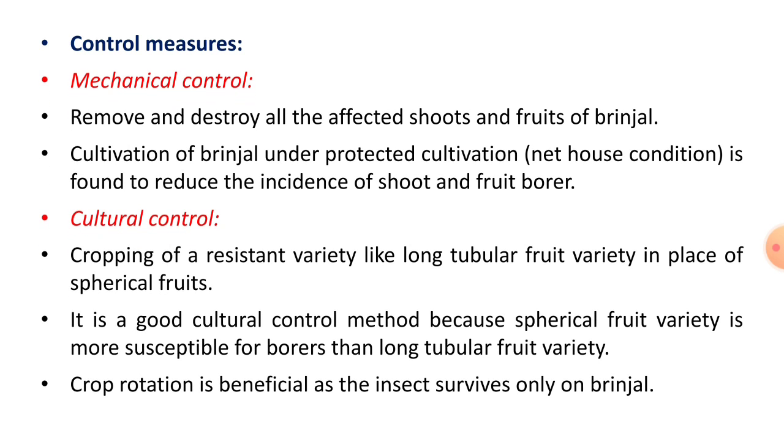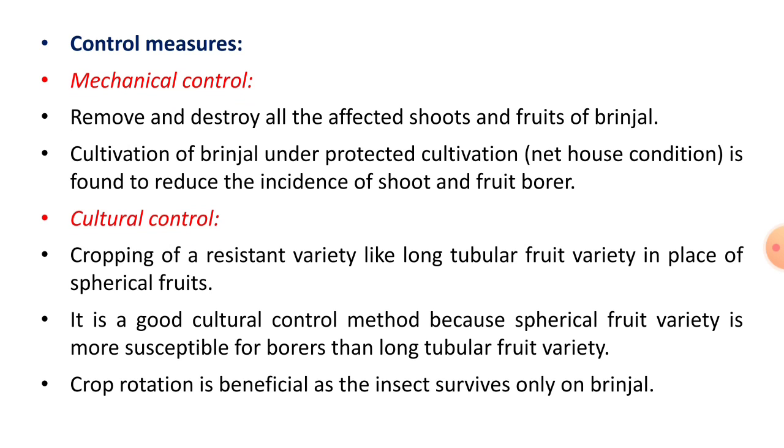Now, what are the control measures of brinjal fruit borer? In this, we can see different types of control measures like mechanical control, biological control, cultural control, and chemical control. Now, first one is the mechanical control. In mechanical control, one can remove and destroy all the affected shoots and fruits of the brinjal so as to protect the healthy and unaffected plants.